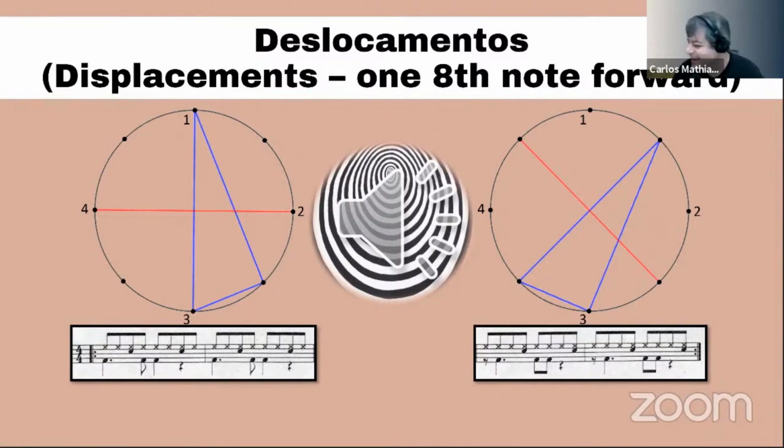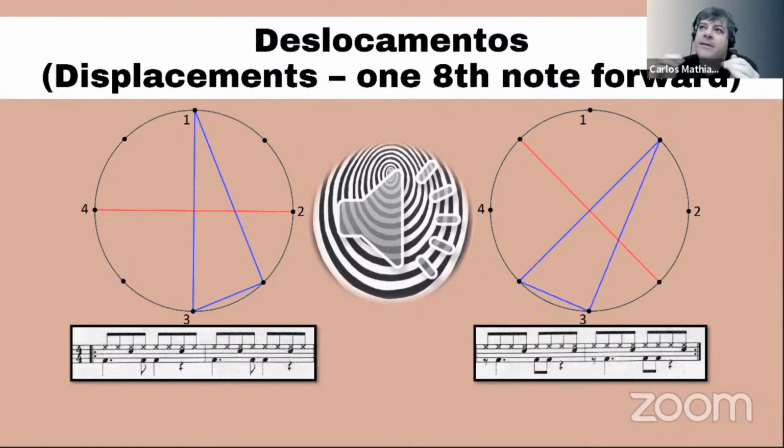So, I think that the most interesting thing about this is that if you are a little more critical about it, the drummer is playing the very same thing. It's exactly the same rhythm, but he has just shifted it forward a little bit.